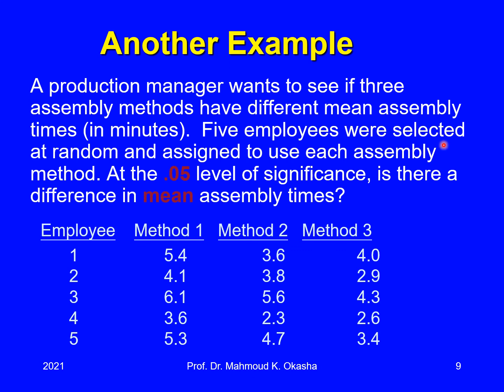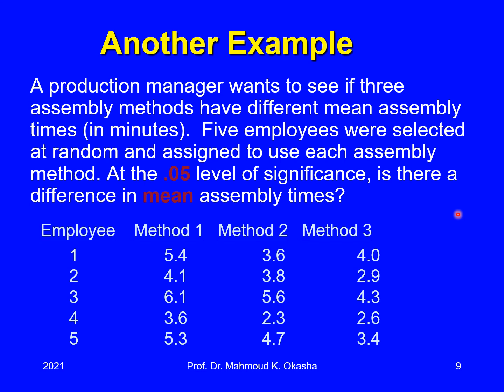Five employees were selected at random and assigned to use each assembly method, so every method is assigned 5 employees. So 5 observations for each method. And the problem is: at the 5% level of significance, is there a difference in mean assembly times?